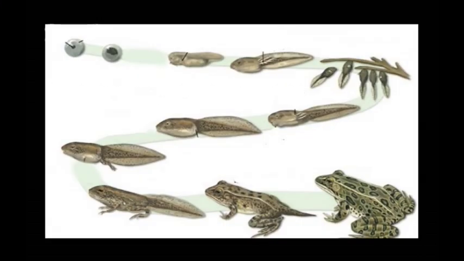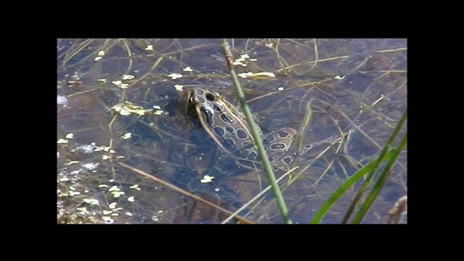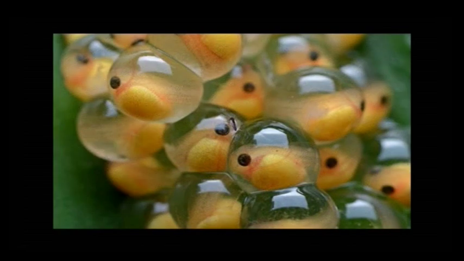Metamorphosis in frogs. The egg. Many species lay their eggs in calm water amongst vegetation where the eggs can develop in relative safety. The female frog lays numerous eggs in masses that tend to clump together.